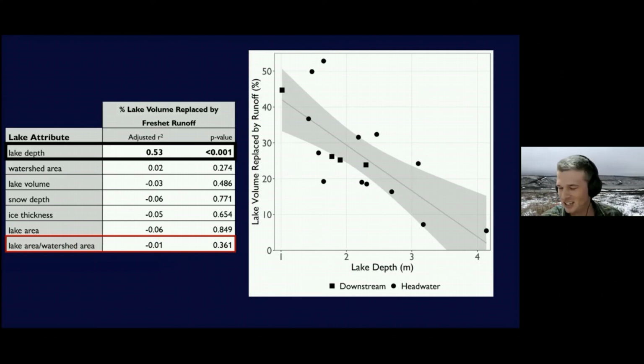But that didn't turn out to be the case, and that's probably because of snowmelt bypass. You can picture a conveyor belt of snowmelt runoff flowing underneath the lake. It doesn't matter if there's more snowmelt runoff going into the lake, it just isn't able to mix with the lake and change the isotope composition of that lake.